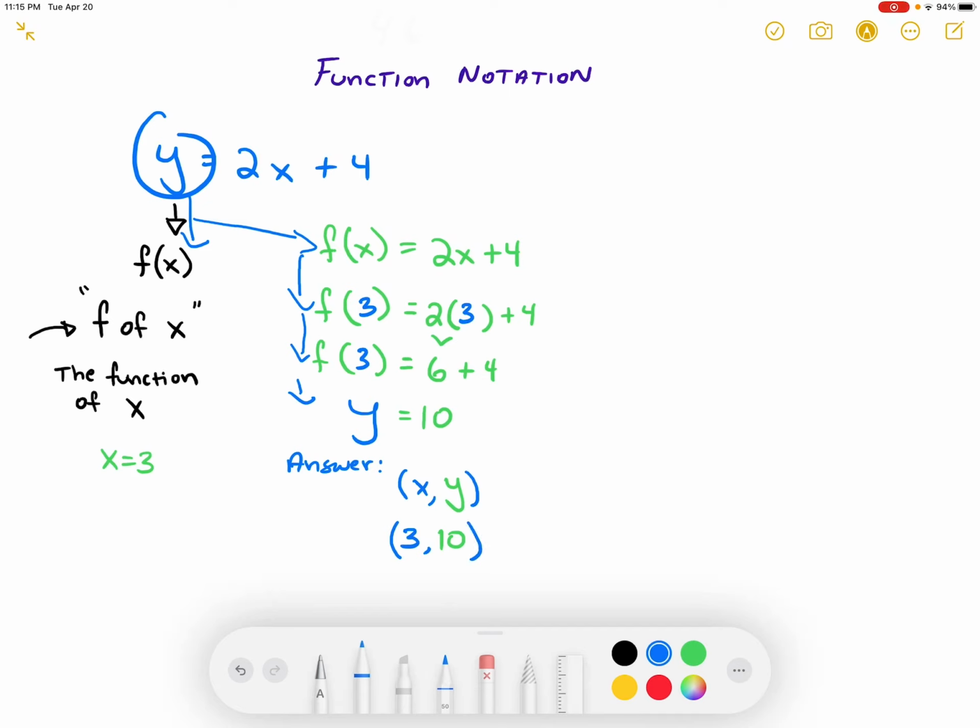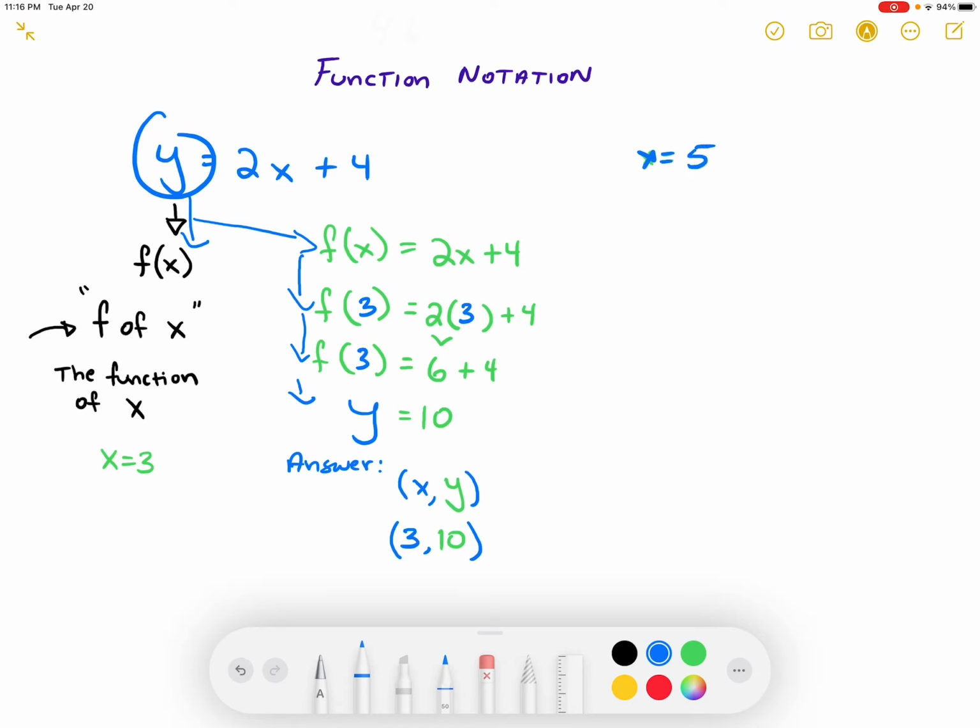10. So f of x equals 2x plus 4. When x is 3, we know that the answer, the output, would be 10. Now let's imagine x was, I'll write it in blue, let's say x was 5.